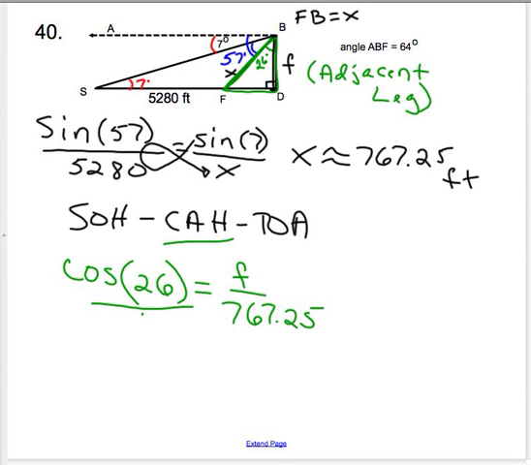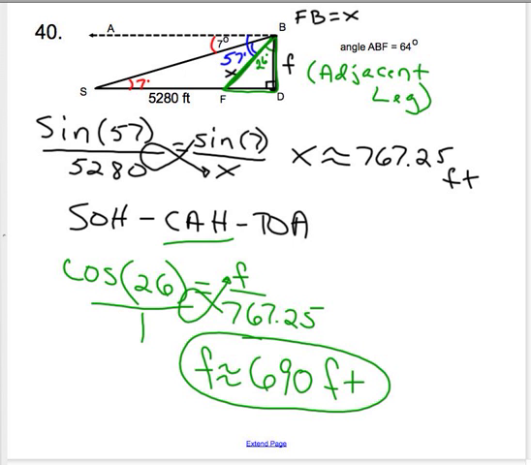If it helps, have those equal fractions again, cross multiply and divide. 767.25 times the cosine of 26 divided by 1, and I have f. And f, on my calculator, if I round to the nearest foot, should be 690 feet. There's the height of the balloon.